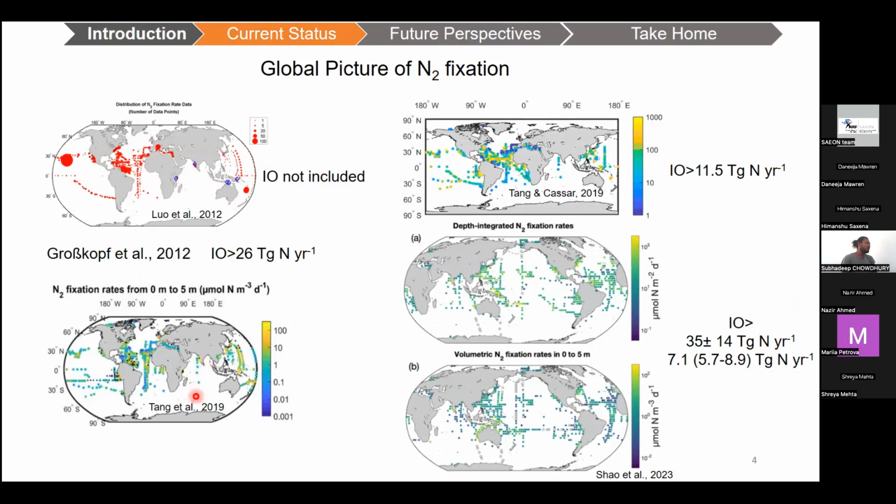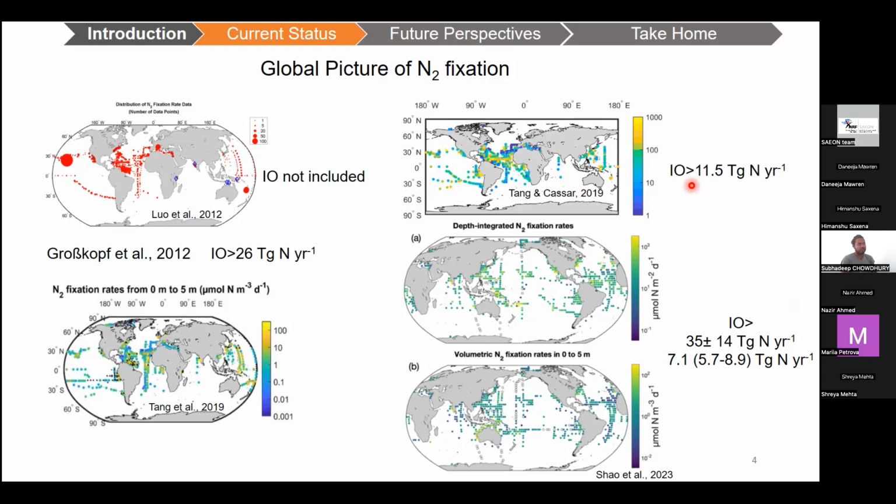Subsequently there were two papers: one model-based prediction and another global compilation by Tang and Cassar. With the model-based prediction, they said that the Indian Ocean contributes 11.5 teragrams of nitrogen per year to the global budget.